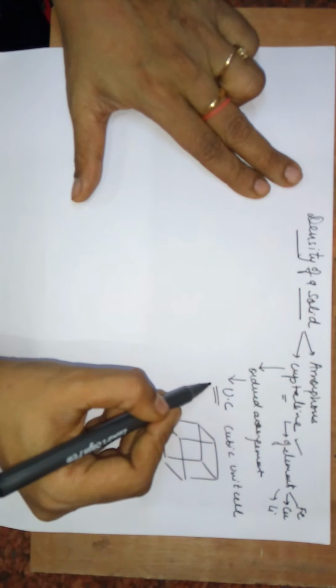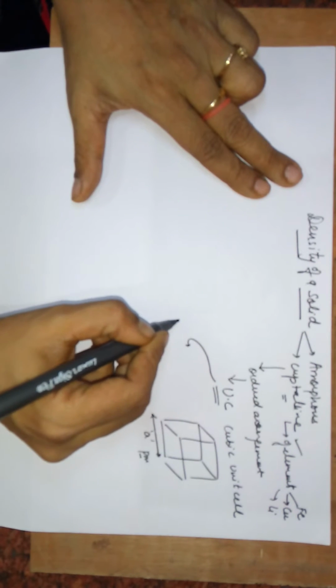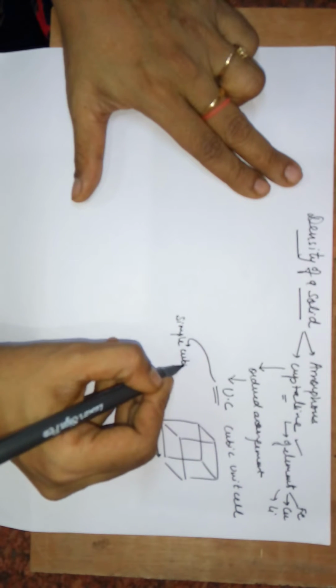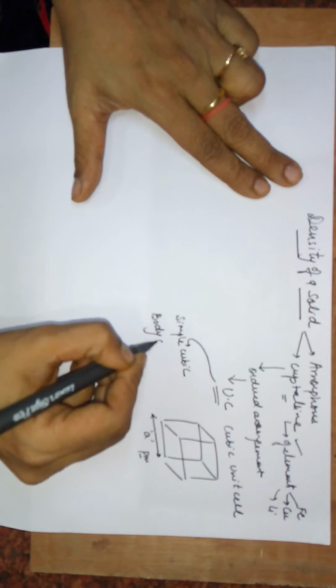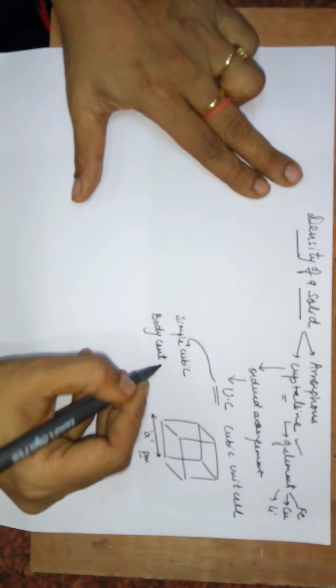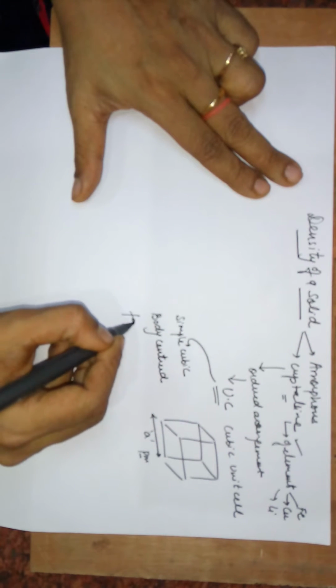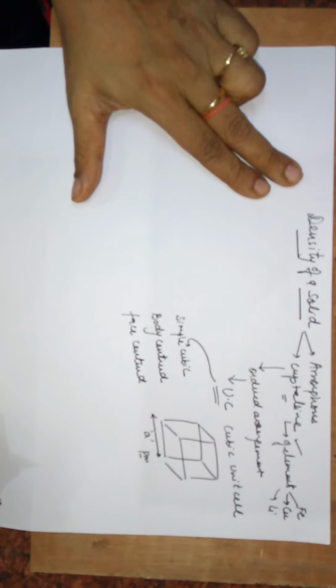In our syllabus, we have got unit cells of three categories. The first being simple cubic unit cell. The second being body-centered unit cell. And third is face-centered unit cell.